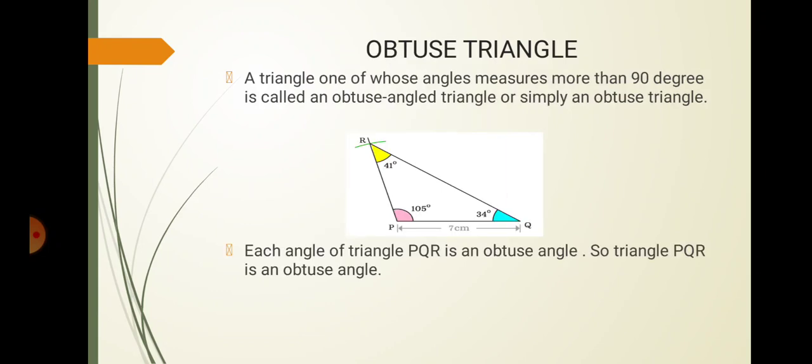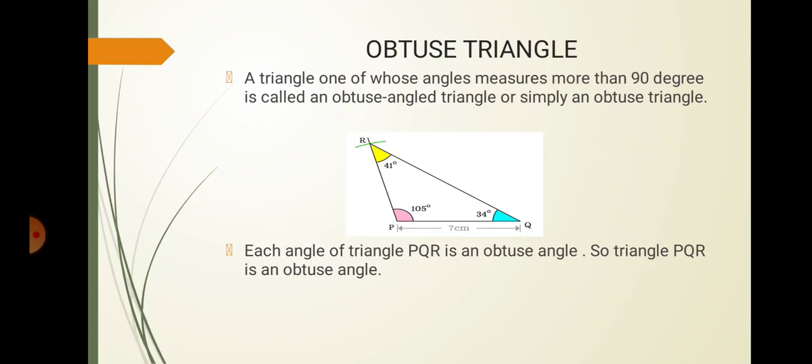Next, obtuse triangle. A triangle one of whose angles measures more than 90 degree. If any one angle of the given triangle is more than 90 degree, then it is called an obtuse angled triangle or simply an obtuse triangle.